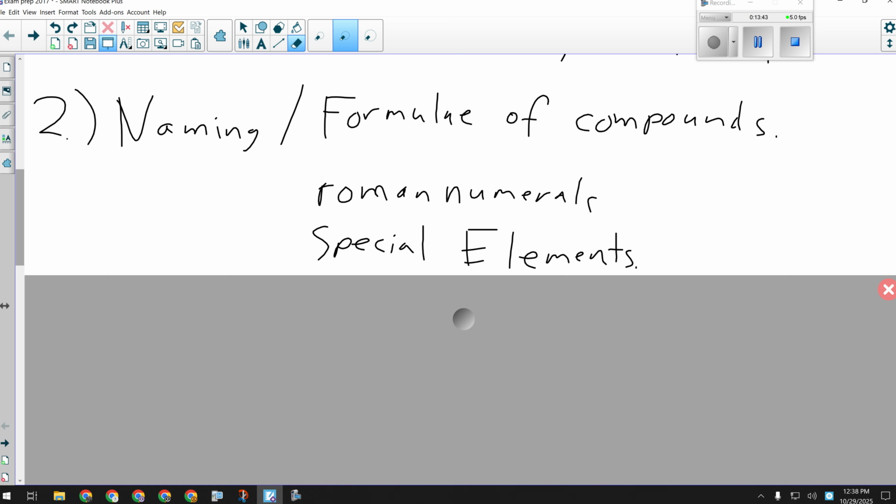Here's what I would accept: the prefixes, the Roman numerals, the special elements, maybe you could put charges in there. I'd probably be okay with that too for some of those nonmetals that didn't have the charges in. Anything more than that is going to be too much. But I would certainly allow those things on there. If I see more than that, I'll give you a fresh periodic table.